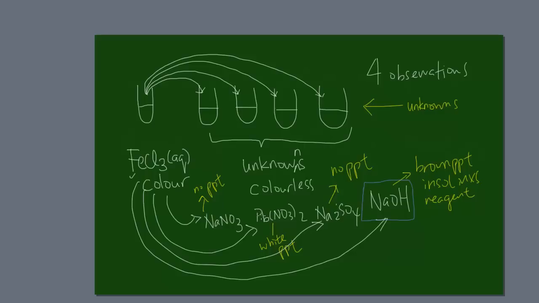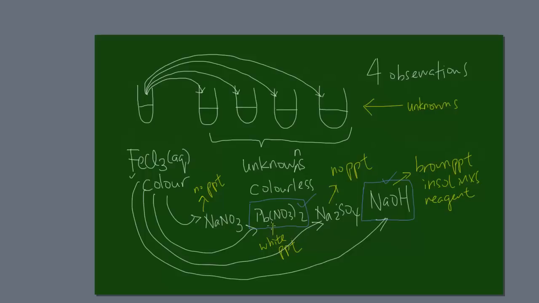I can also positively identify PbNO3 as one of the unknowns, because if I add FeCl3 to an unknown and it gives a white PPT, this white PPT is a unique reaction, right? Okay, so we have positively identified NaOH and also PbNO3 already.